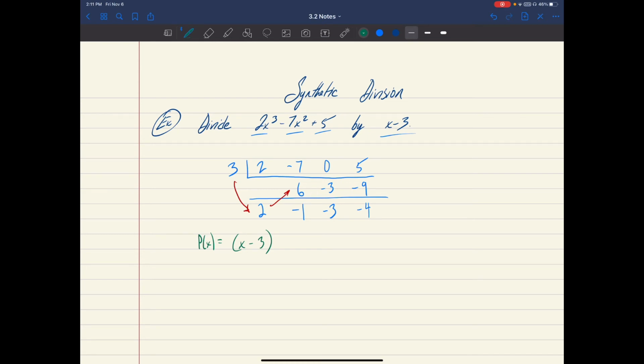And so my quotient is this bottom line. So the quotient is going to be 1 degree less than what we started with. So it would be 2x squared minus x minus 3. So I'm taking these numbers right here and just attaching variables in descending degree. And then our remainder is negative 4. So this would be plus negative 4.